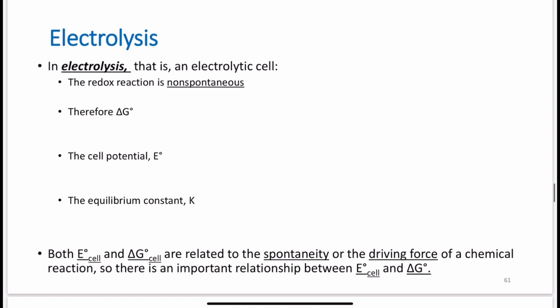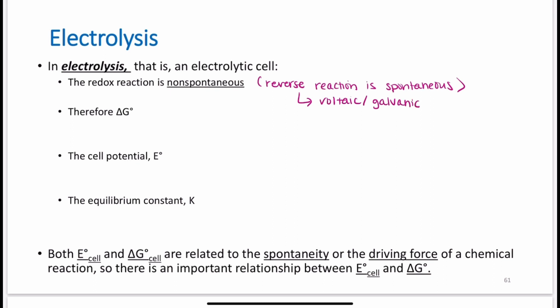So again, electrolysis is what happens in an electrolytic cell. Electrolytic cells are electrolysis processes. The redox reaction is non-spontaneous. The reverse reaction is spontaneous. So again, the reverse reaction is that voltaic or galvanic process.